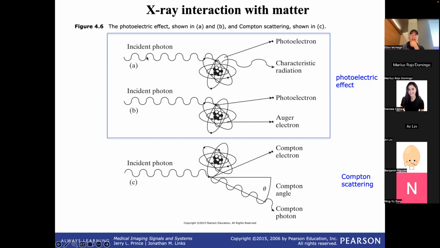Photoelectric effect, essentially what happens is the incident photon comes in, interacts with an electron. This is sort of what was happening before with the electrons, right? But in this case, a photon is coming in, right? It hits an electron and ejects that electron as a photoelectron, okay? And then a higher energy electron in a higher orbital will drop into that location, into that orbit, and give off characteristic radiation, okay?